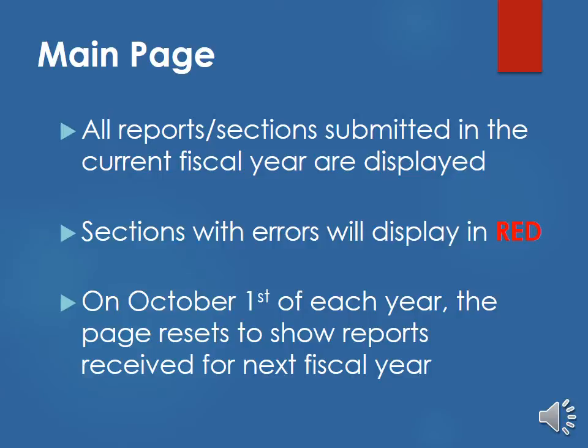And on October 1st of each year, which is when you will be submitting the September report for the newest fiscal year, the court's main page will reset. So all the reports for the prior fiscal year will no longer display. Once the September report is successfully submitted, that will display, and then each month after will display once successfully submitted.